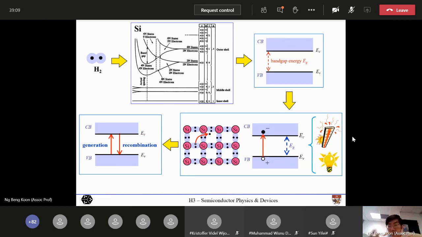But of course, bear in mind that this is a dynamic process. The electrons and holes that are there, the stable number, are always comprised of different electrons and holes, because they recombine, they get generated, they recombine, they generate. So you're not seeing the same electron all the time, because some would recombine, some new ones get generated. But the number is stable under equilibrium condition.